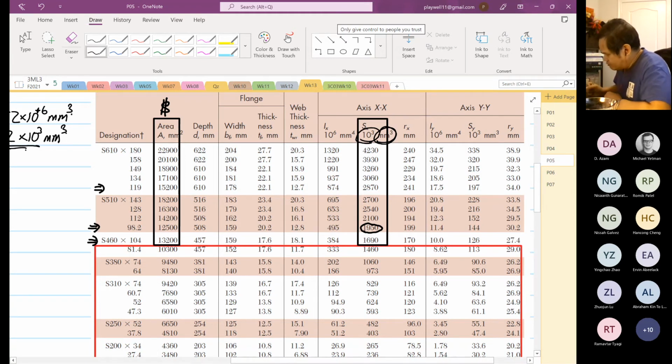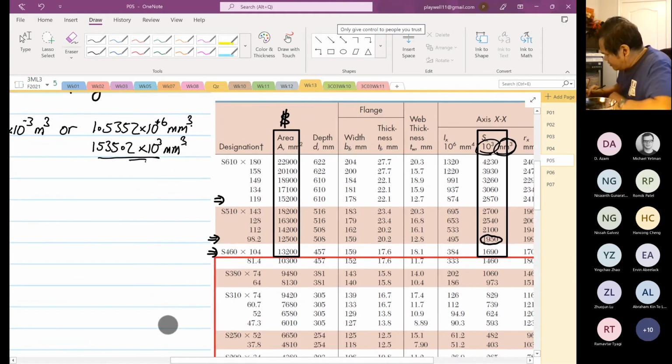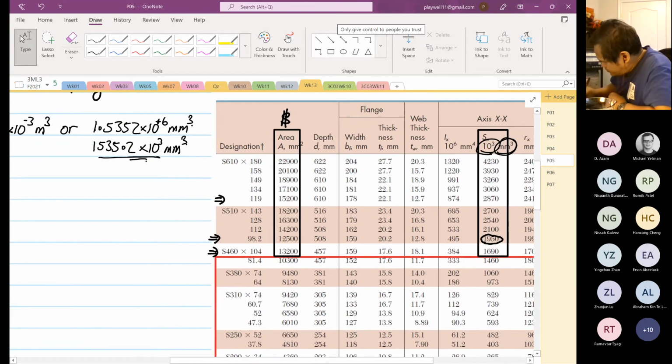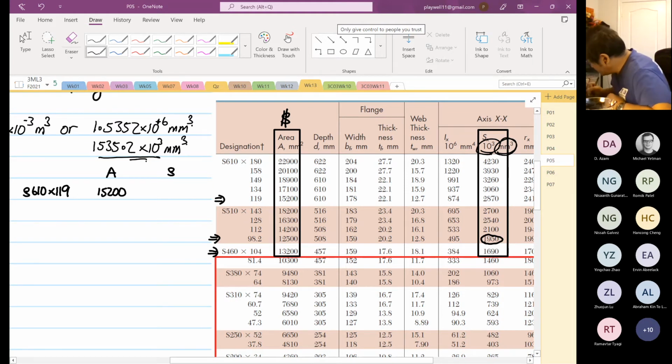119 S610. So based on these three, I'm going to write these three out. You can use the S610 by 119. The area is 15200, and the S value is 2870.